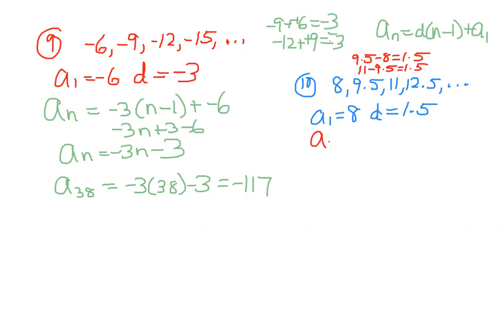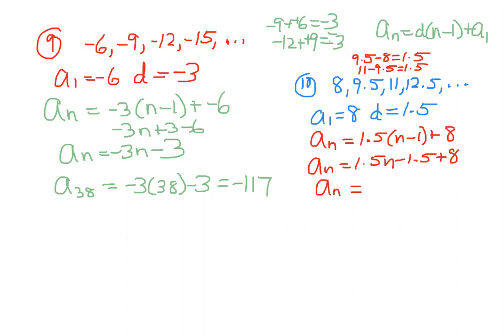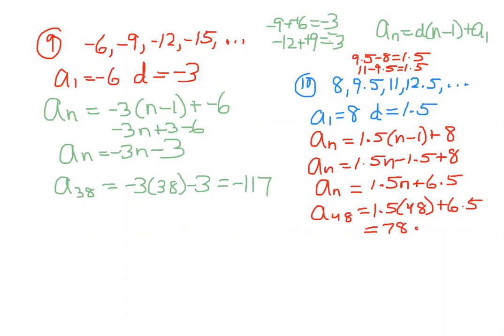So our an is d times n minus 1 plus a1. So distribute that, 1.5n minus 1.5 plus 8, and we get an equals 1.5n plus 6.5. And we're looking for a48. So all we have to do is stick a 48 in for the n, and you should get 78.5.